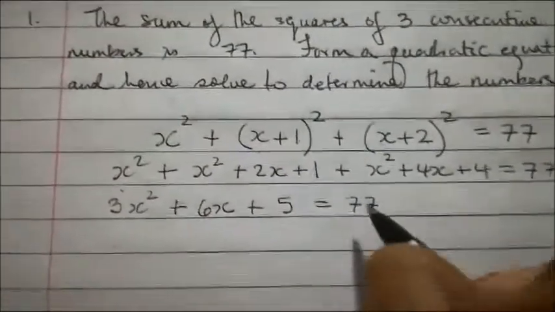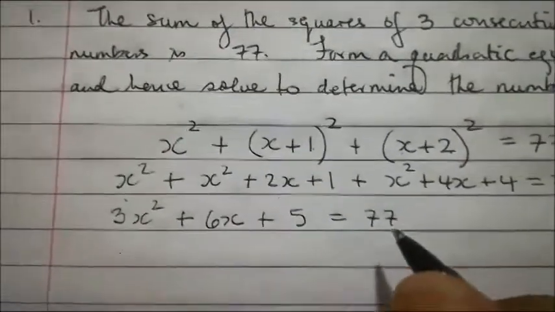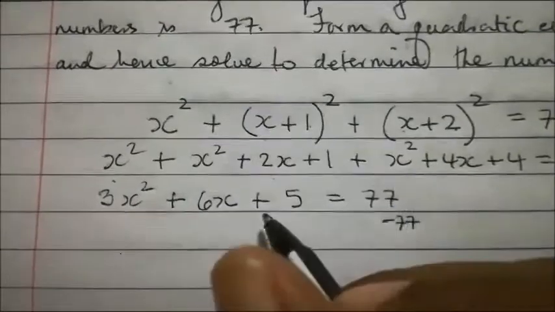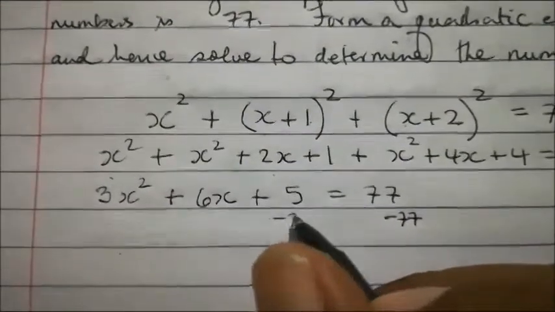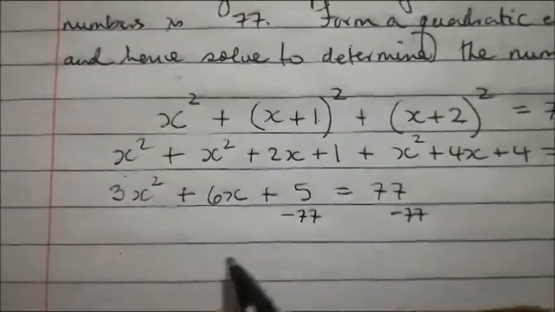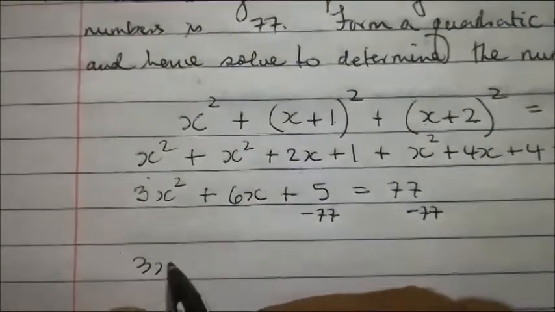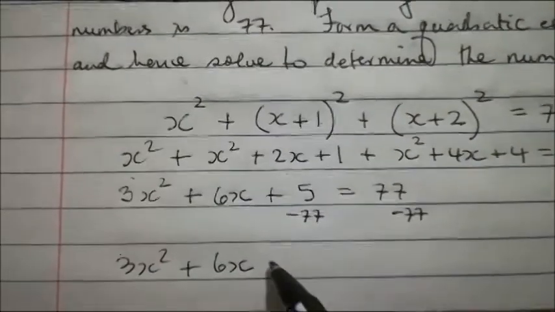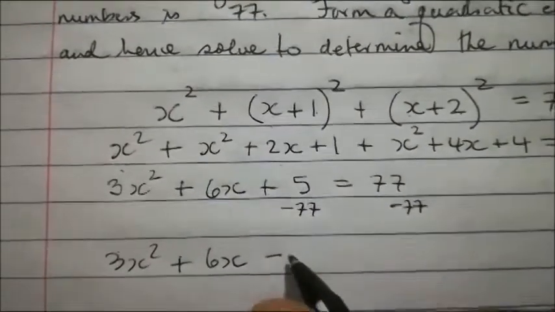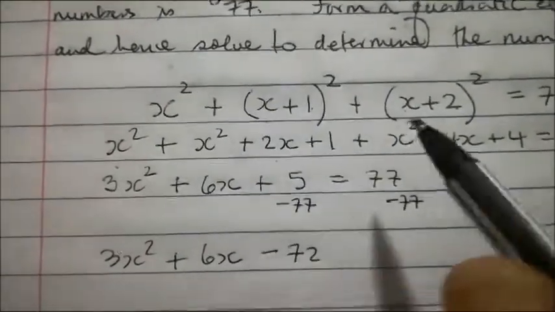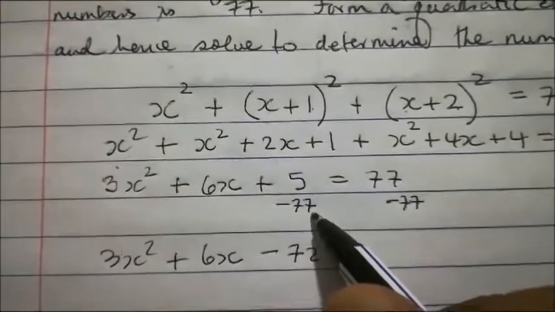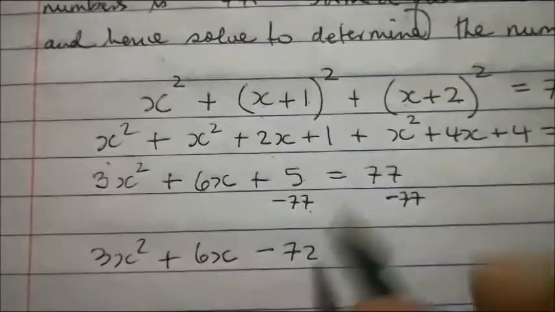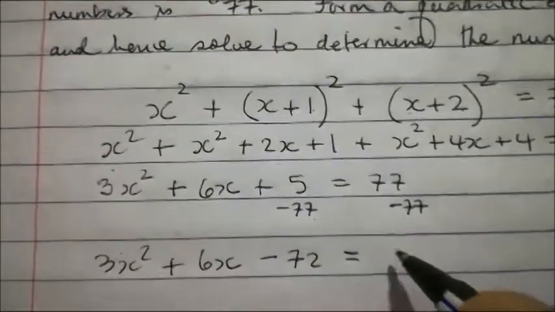At this stage now we want to carry over the 77 to the left. So we're going to subtract it from the left, and we also subtract it from the right. So that's going to leave us with 3x squared plus 6x, and this is going to become minus what? 72, because a negative 77 when added to a positive 5 will end up with a negative 72, and over here becomes 0.